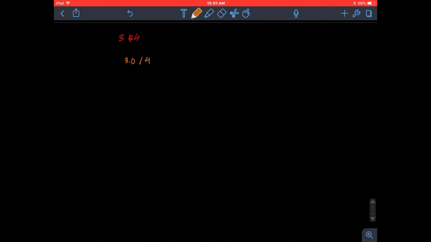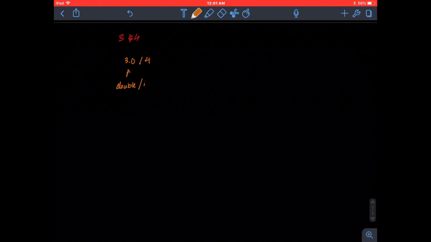Here we have a double divided by an int value. Whenever we have a double divided by an int, double takes precedence over the int, and we actually print out 0.75. This is because, again, we have a double divided by an int, and it will print out 0.75.